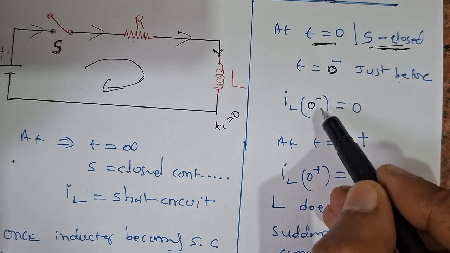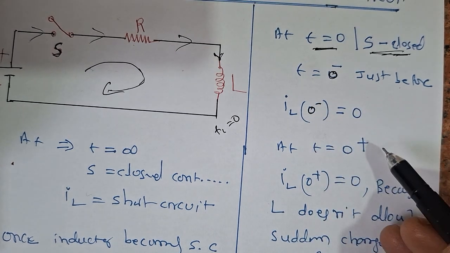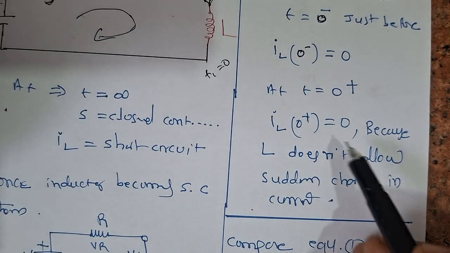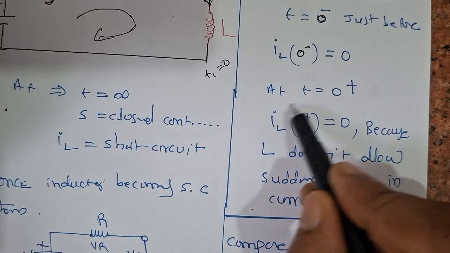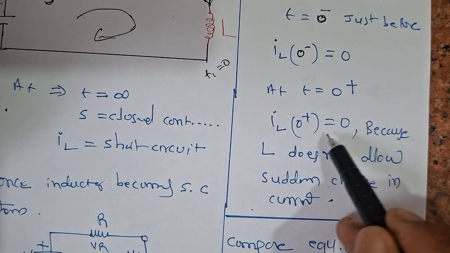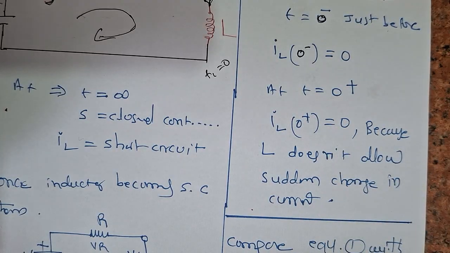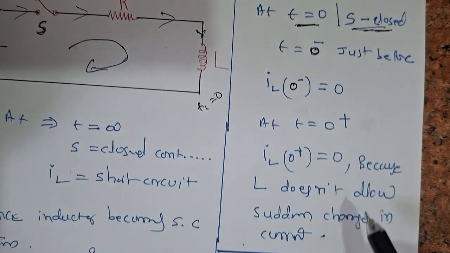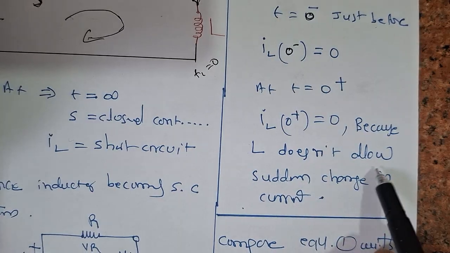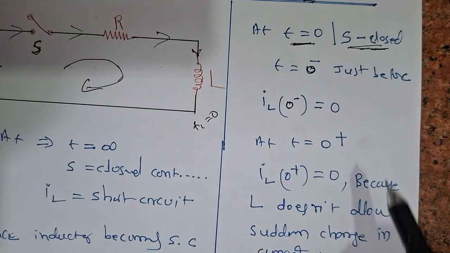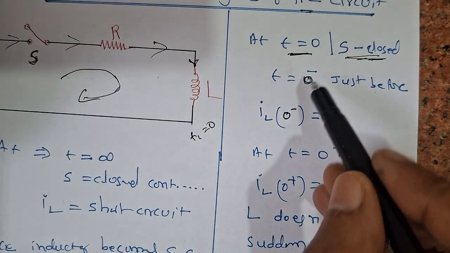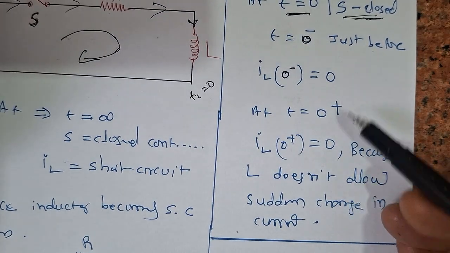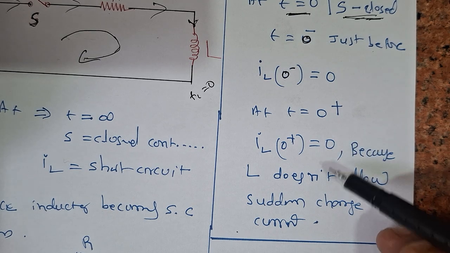And at t equal to 0 plus there is the sudden change, but because the inductor doesn't allow a sudden change in current, in both cases, at 0 minus and 0 plus, the inductor current becomes 0.